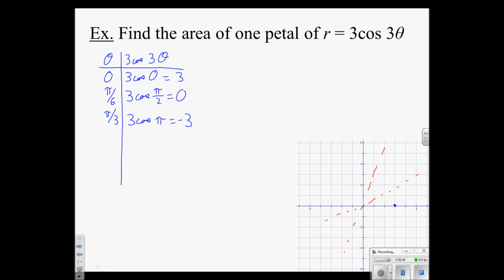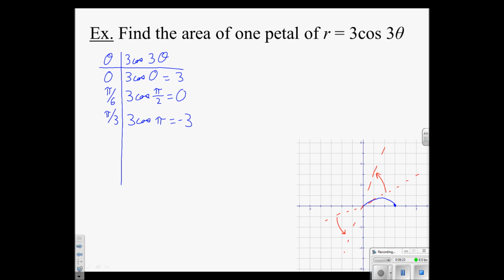By the time theta goes from 0 to pi over 6, my radius is going down to 0. And then as theta goes from pi over 6 to pi over 3, here I'll have to erase this, my radius is going negative. So actually we're going to be back here.